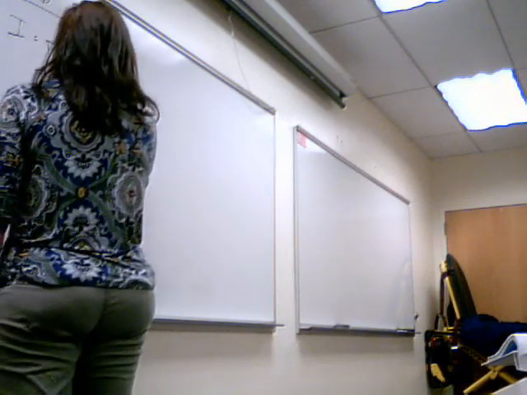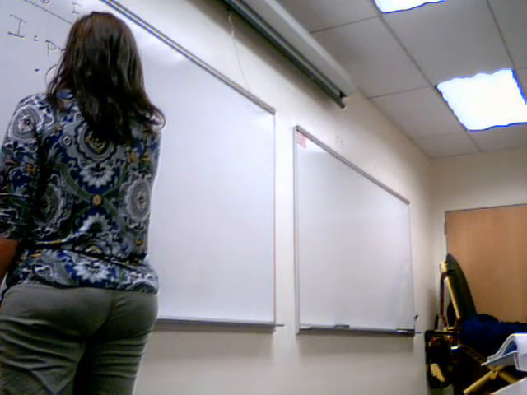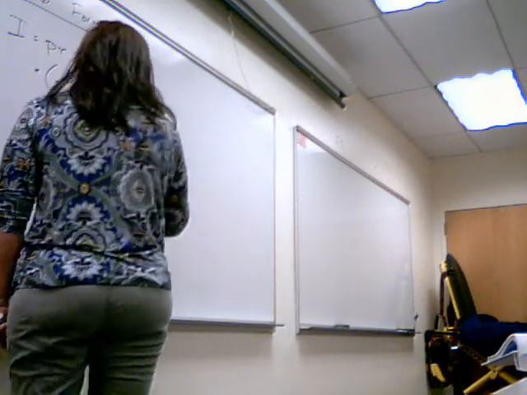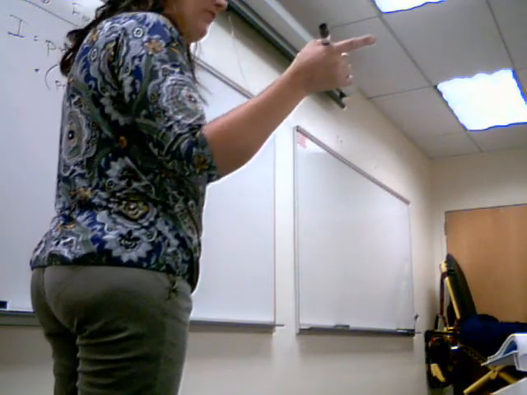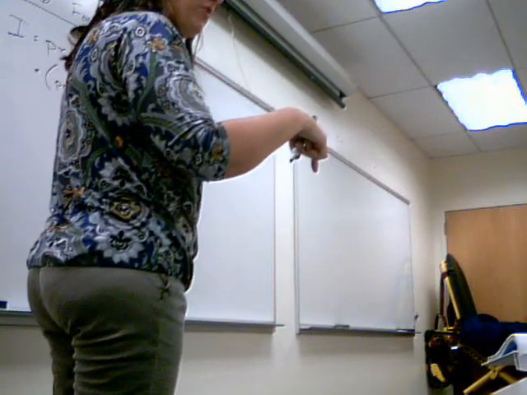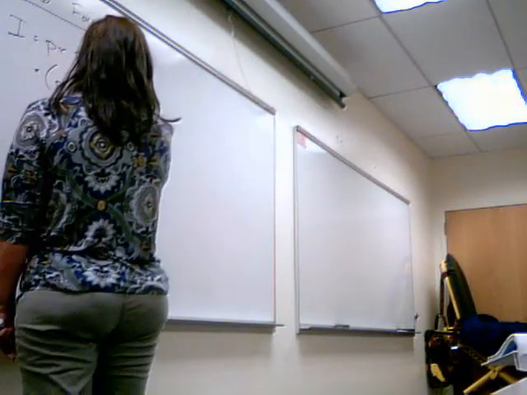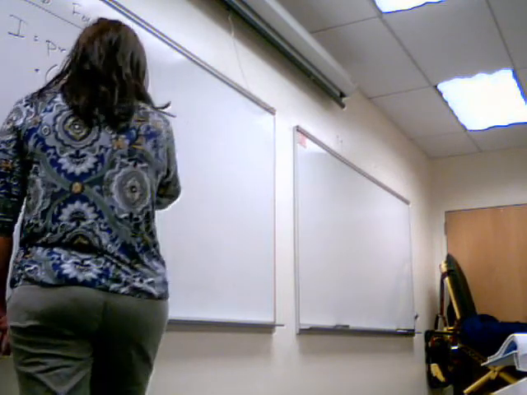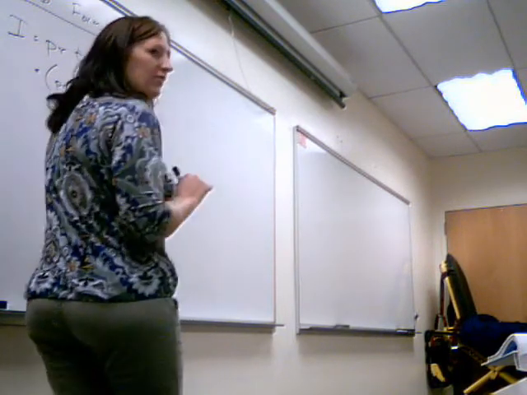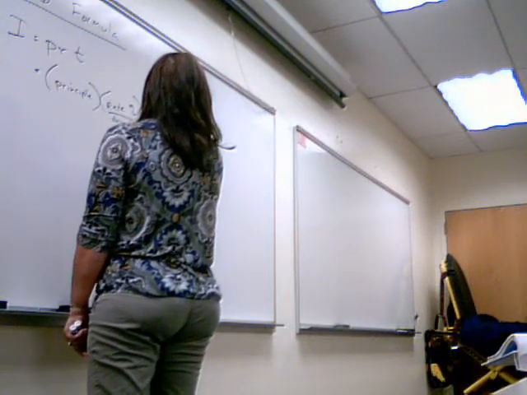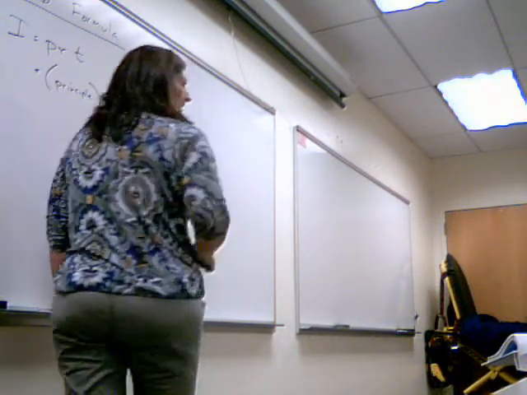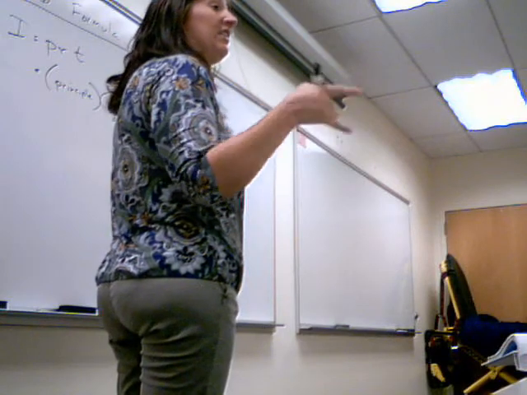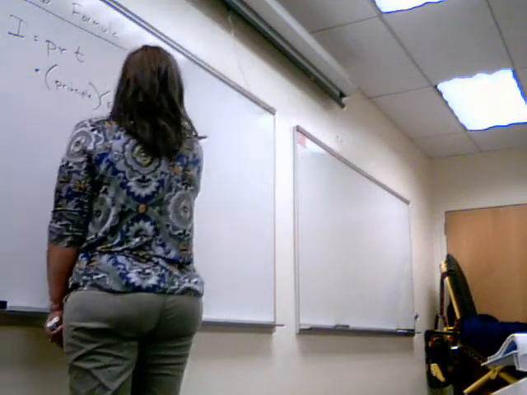R stands for rate. Now a lot of times you're going to get that as a percentage, and what do you have to know? You have to change it to a decimal to multiply. So it needs to be in decimal form to multiply. And then my T stands for time. And what do I need to know about time? That it's in years. Okay?